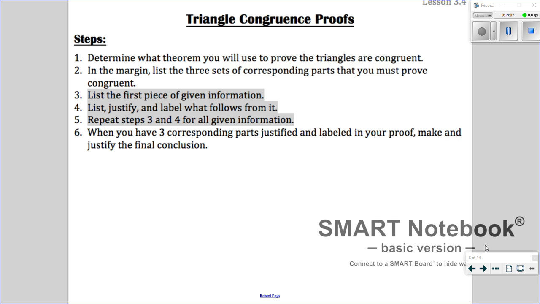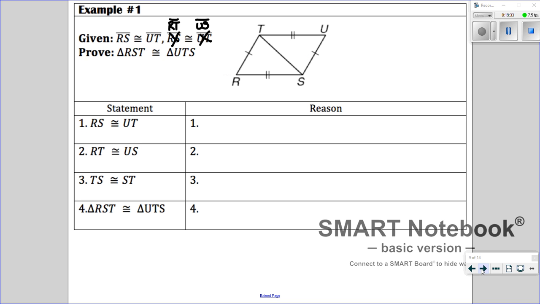And then 5, repeat steps 3 and 4 for all given information. And then 6, when you have 3 corresponding parts justified and labeled in your proof, make and justify the final conclusion. So these are just the steps when you have to do proofs, especially when you have to prove that the 2 triangles that they give you are congruent. So we're going to use those steps in order to do a few examples.